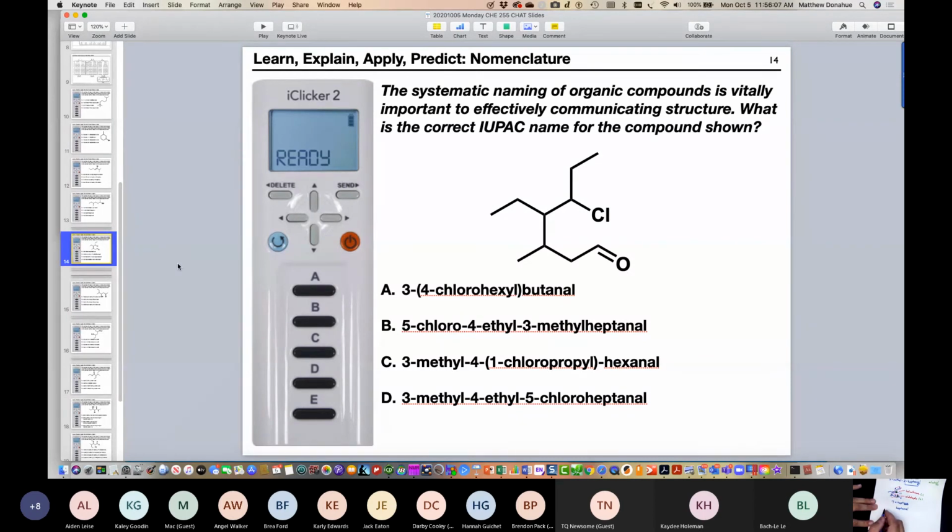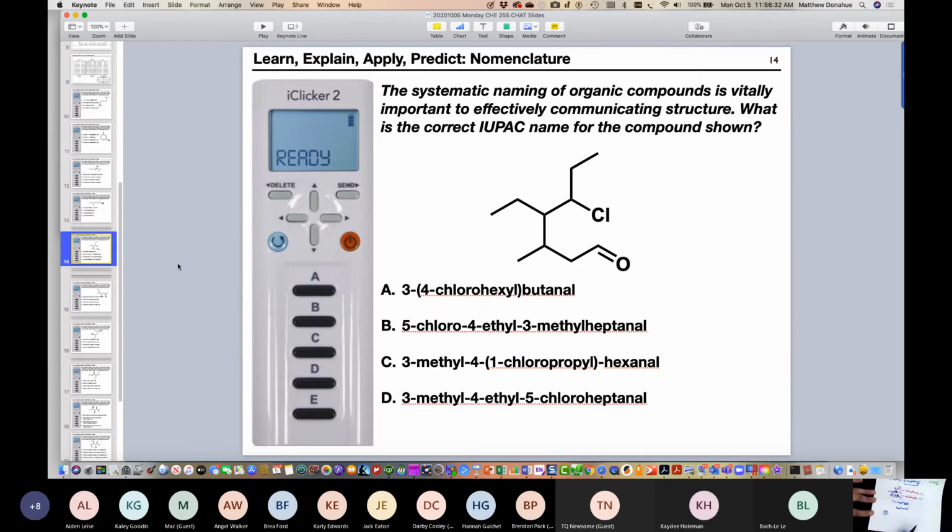The correct answer should be B. So we have 5-chloro, 4-ethyl. Now look, we had more than one carbon unit, right? So we have two carbons is ethane. It's a substituent, so it's ethyl. 4-ethyl, 3-methyl.